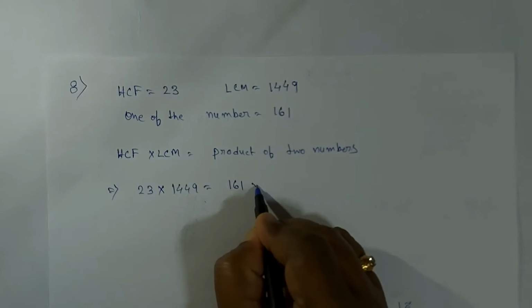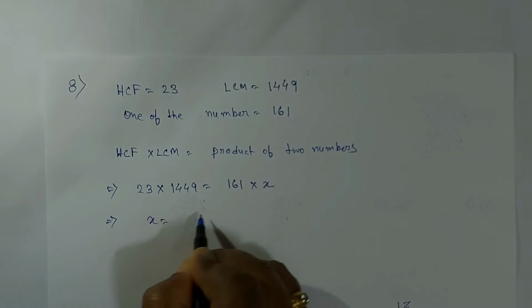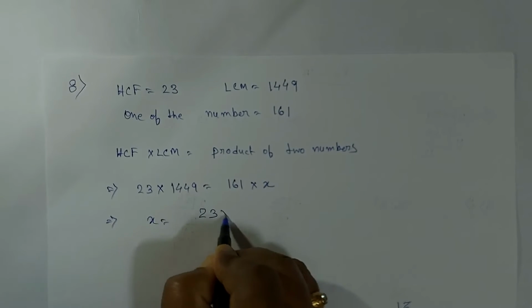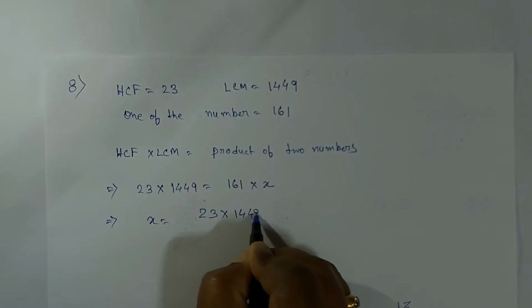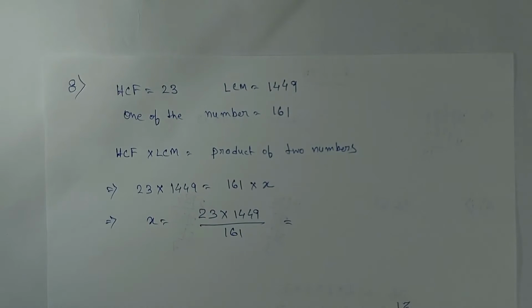Now let us assume the other number is x. So therefore x equals 23 into 1449 by 161.